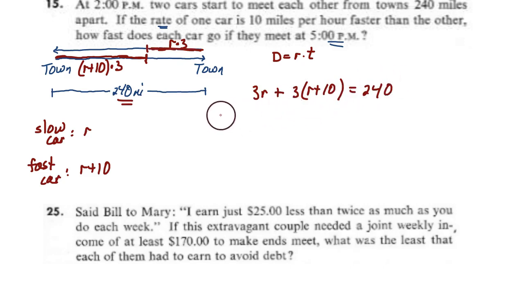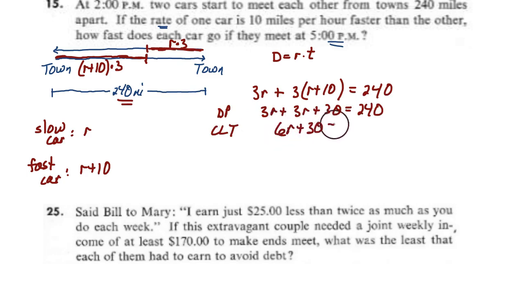Let's solve this equation, first by doing the distributive property. 3 times R is 3R, and 3 times 10 is 30. Now combine like terms. We get 6R plus 30 equals 240. Now subtract 30.